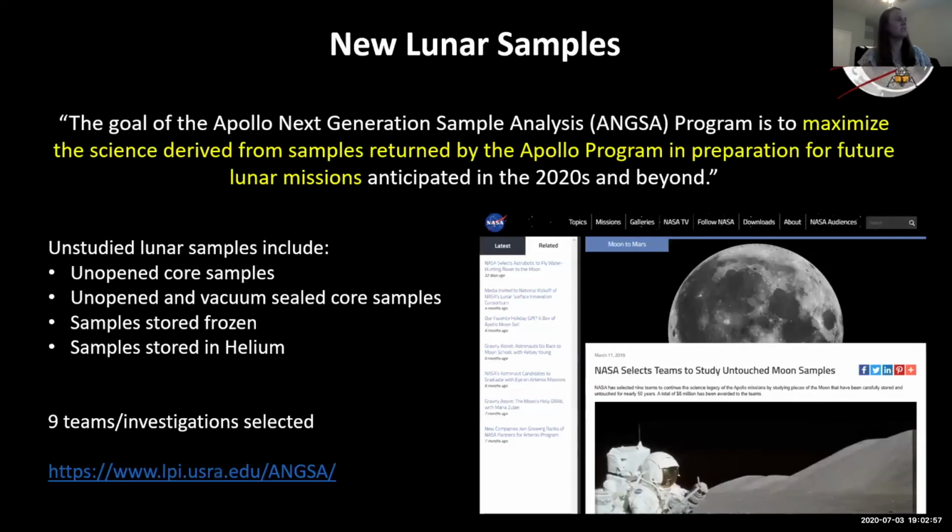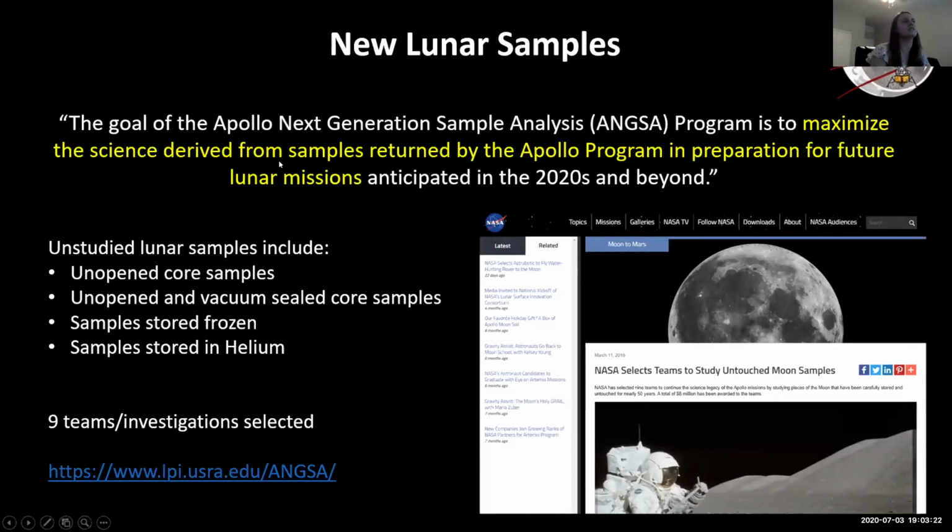And so in 2019, NASA announced the selection of 9 teams to study newly released or new Apollo samples. And by new, these are samples that have been unstudied since they were returned from the moon. So they've been sat in the cabinet at JSC, NASA's Johnson Space Center, for about 50 years, and they've essentially been untouched.